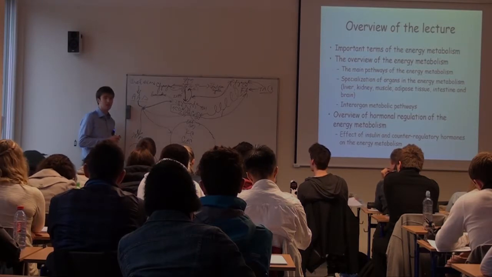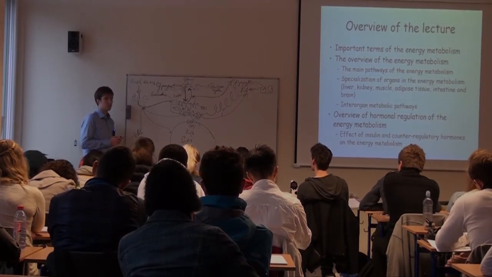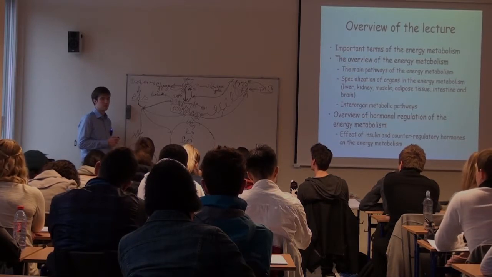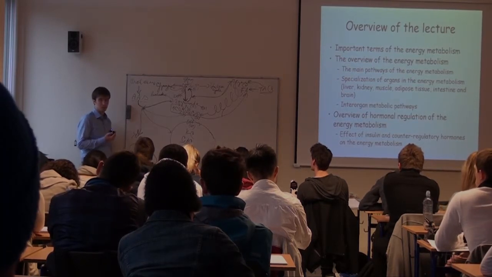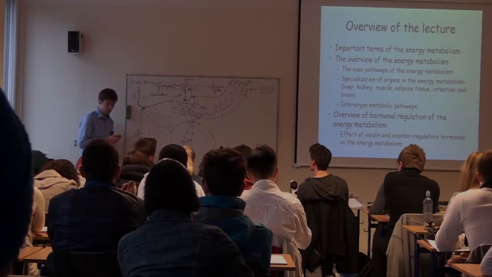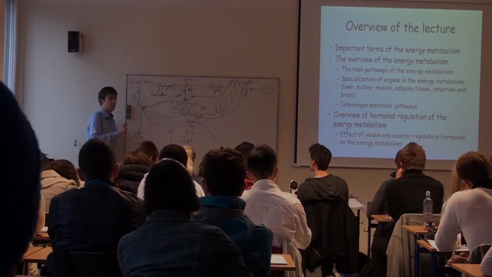Then we have a muscle cell. Why do we need the muscle cell? Why do we need the rhabdomyocyte? For the muscle contraction. And the muscle contraction is only the transformation of chemical energy to mechanical energy.